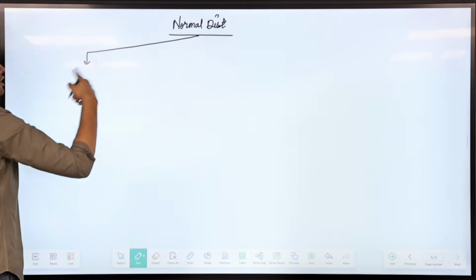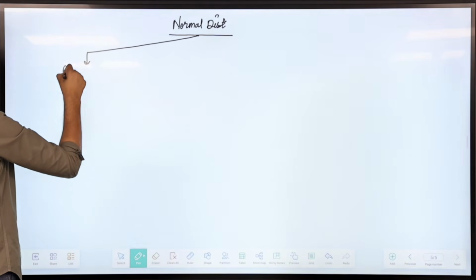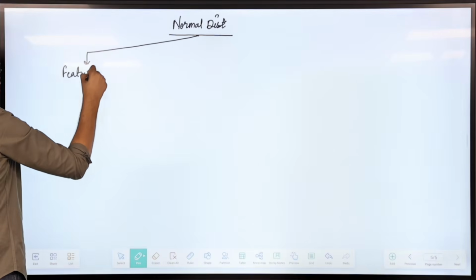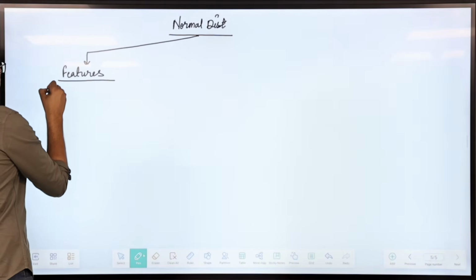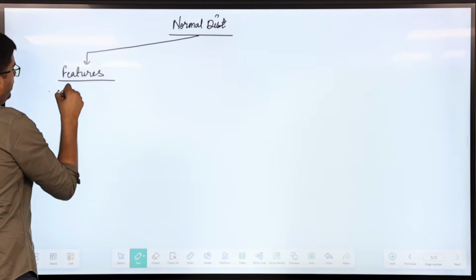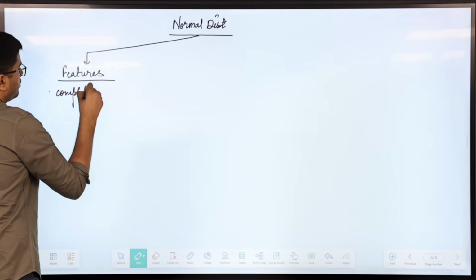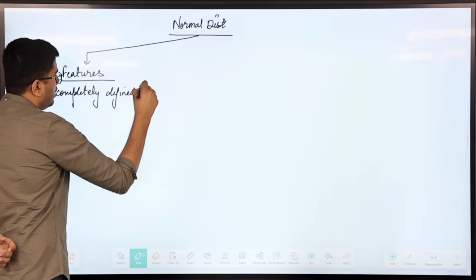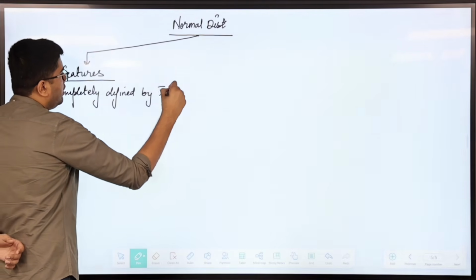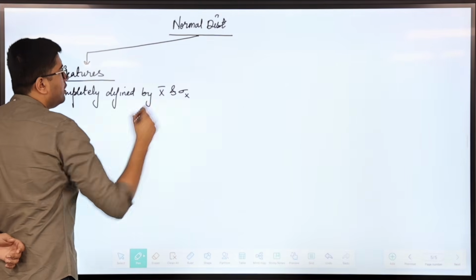We had two discussions for normal distribution. First was the features. The features are, it is completely defined by mean and standard deviation.